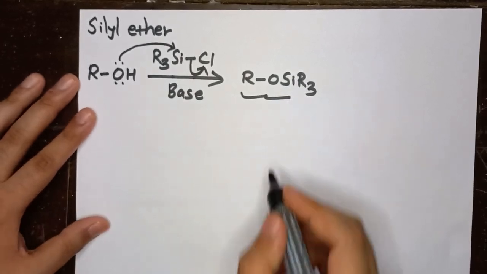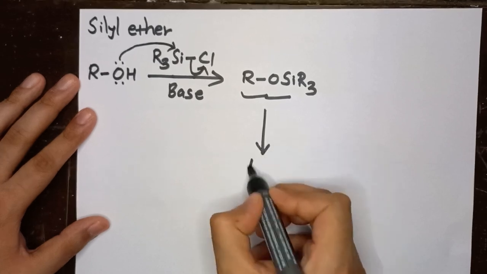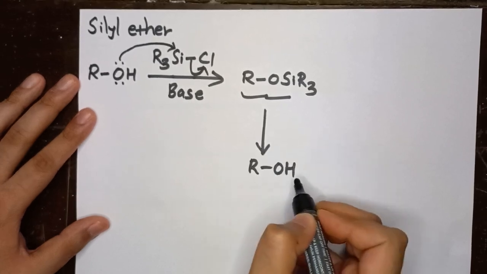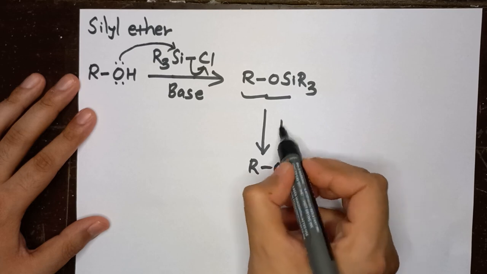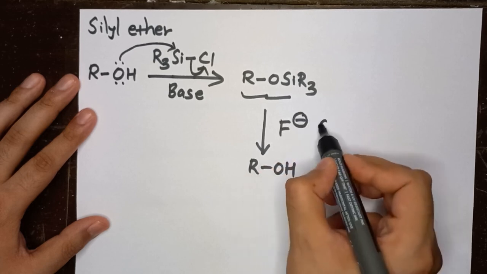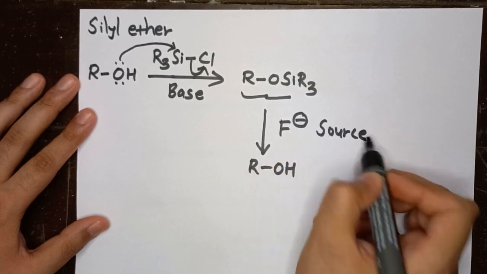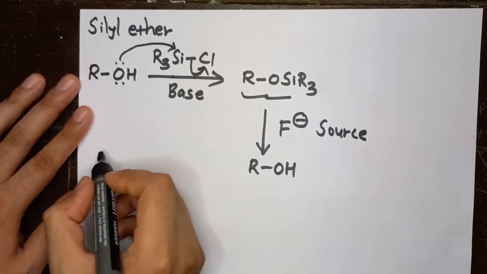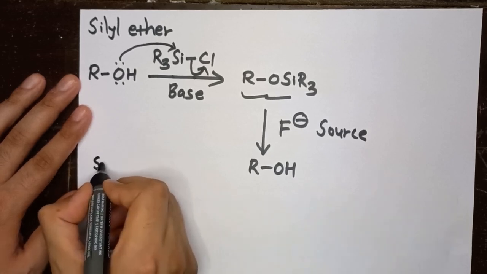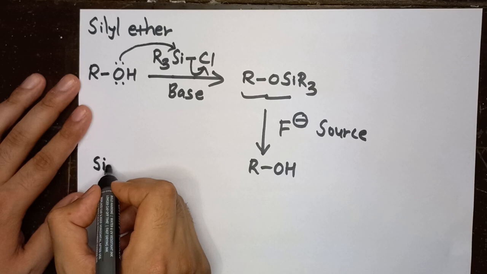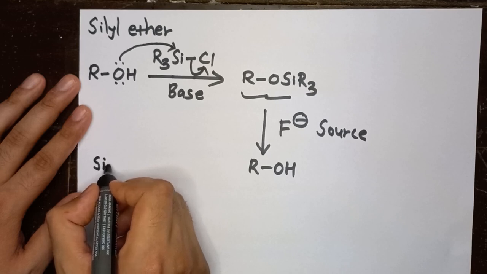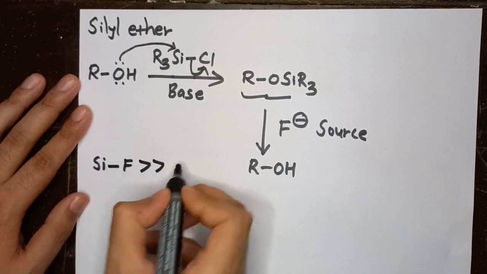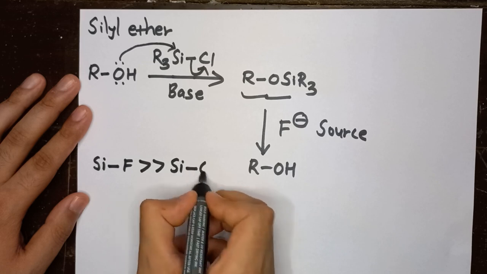Okay, and to get back your alcohol, you have to use an F minus source. And why is that? Because the silicon fluorine bond is much stronger than the silicon oxygen bond.